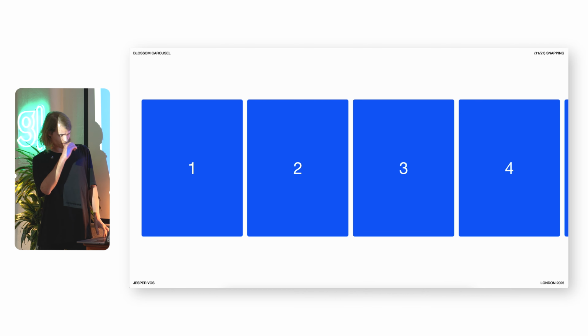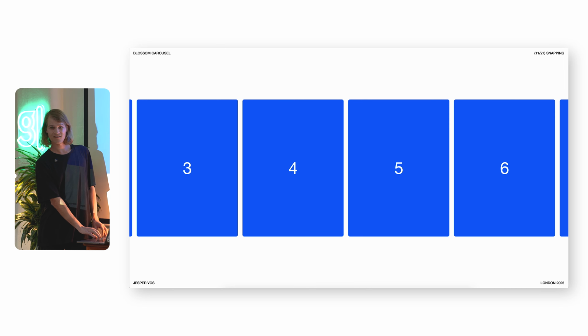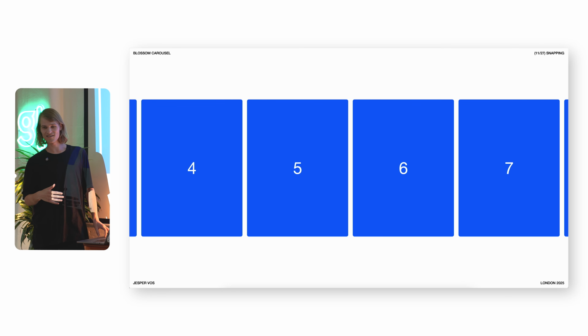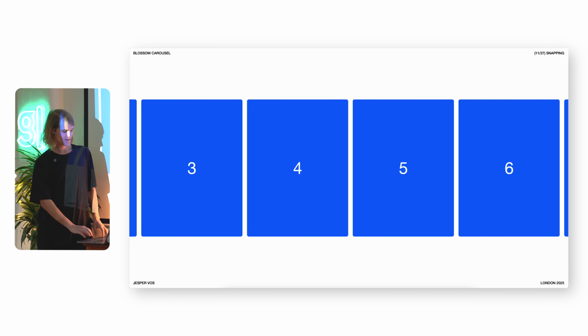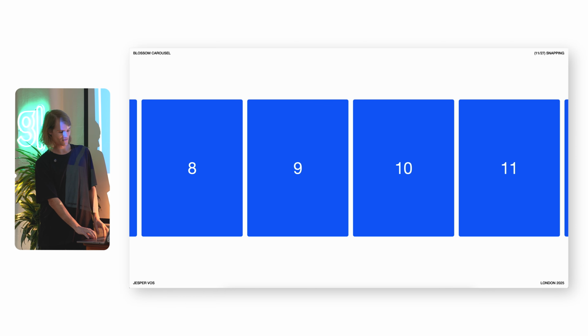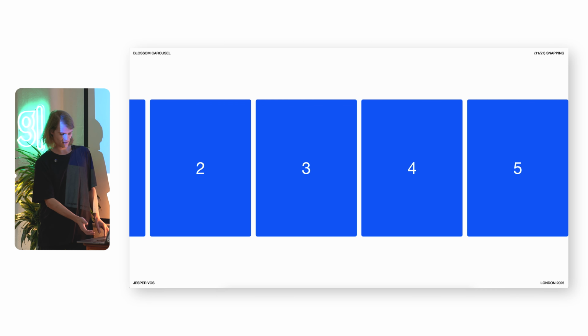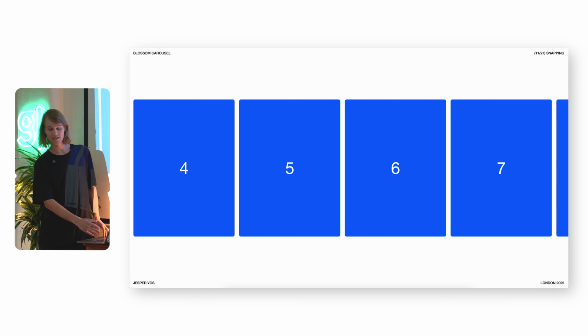So what I did is the moment I start dragging, I override the CSS styles. So I literally just disable scroll snapping, and I implement a JavaScript version of scroll snapping that I wrote. And the moment we start scrolling again, the CSS snap will take over.